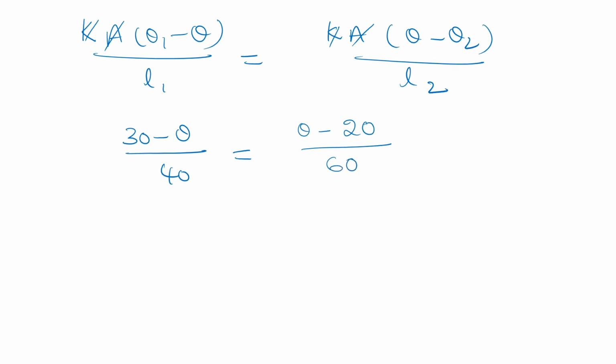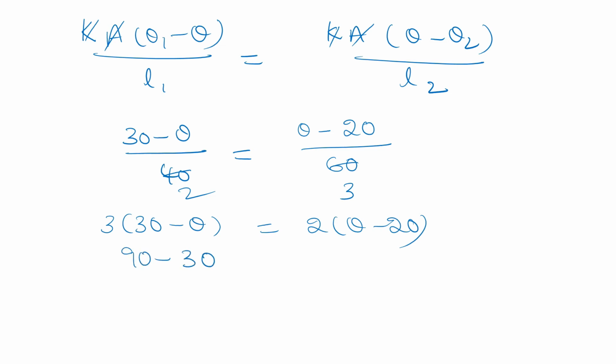Here 2 and 3 cancel. Taking cross multiplication, 3 into (30 minus theta) is equal to 2 into (theta minus 20). 3 threes are 90 minus 3 theta is equal to 2 theta minus 40.